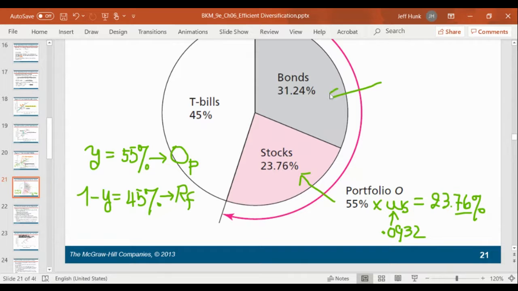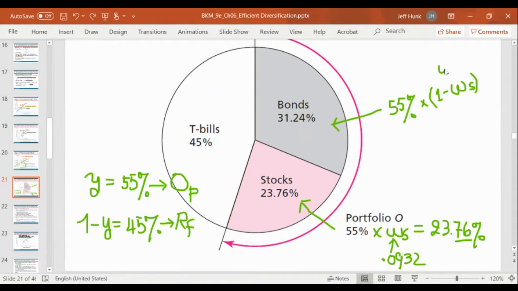And the bonds come from 55% times 1 minus the weight of stock, which is the weight of bond. And it comes to 31%.